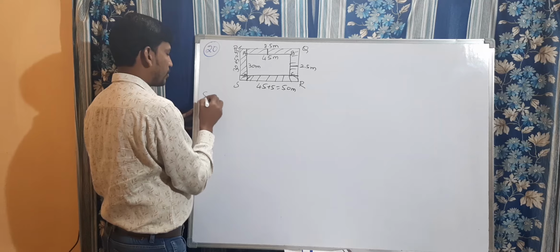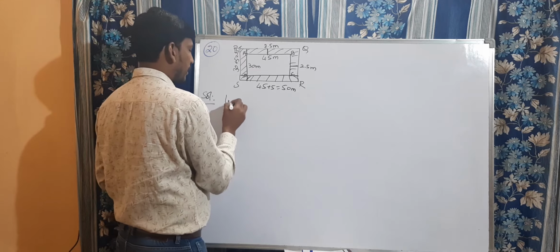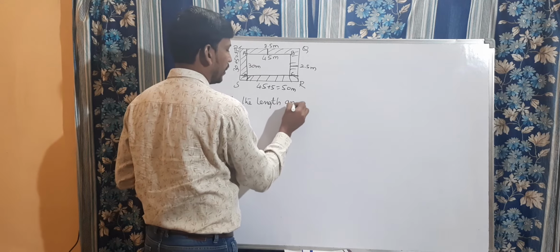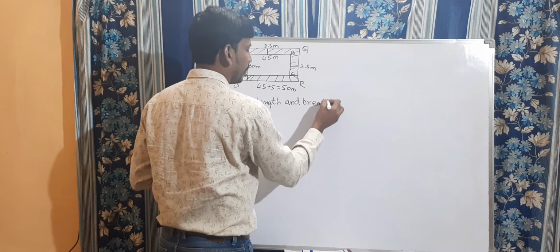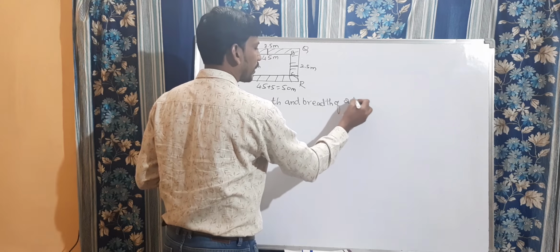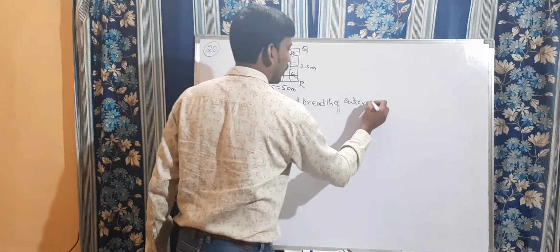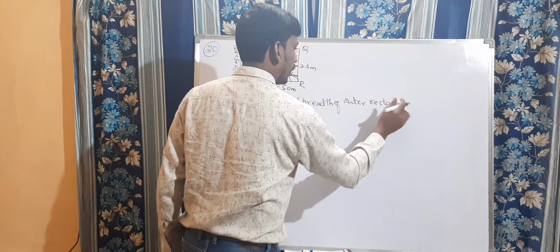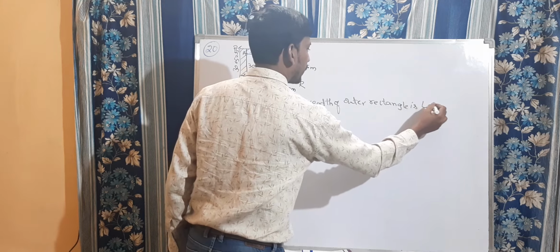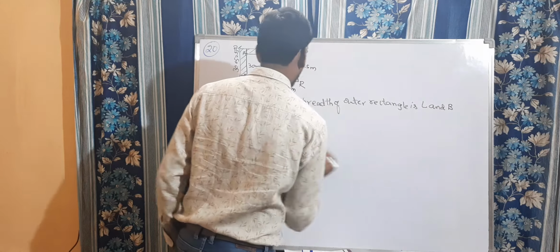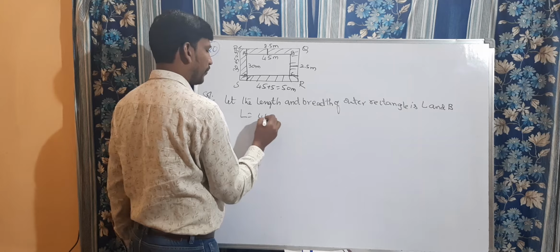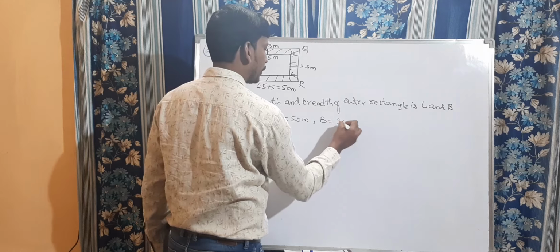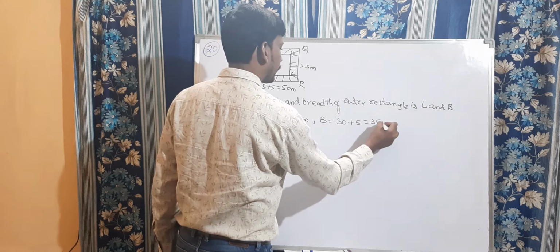Right, children? So now here solution we are going to write down. Let the length and breadth of outer rectangle be capital L and B, where L is equal to 45 plus 5, which is equal to 50 meters, and the breadth B is equal to 30 plus 5 is equal to 35 meters.